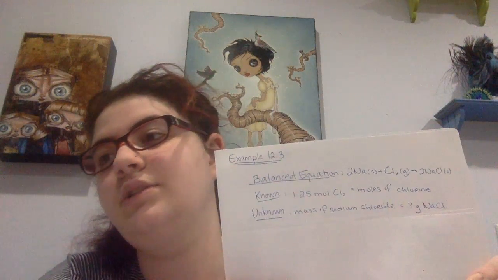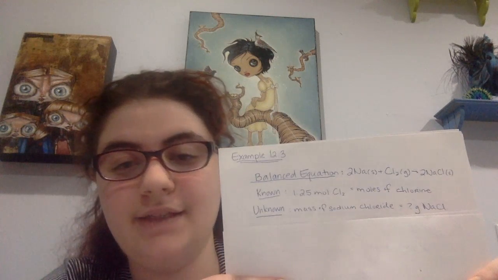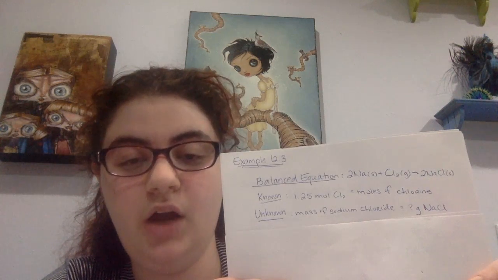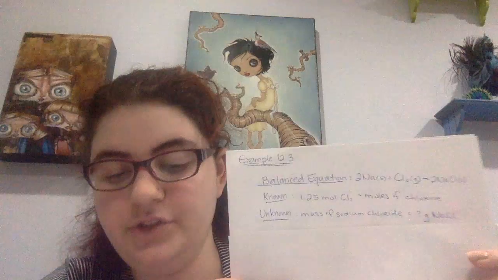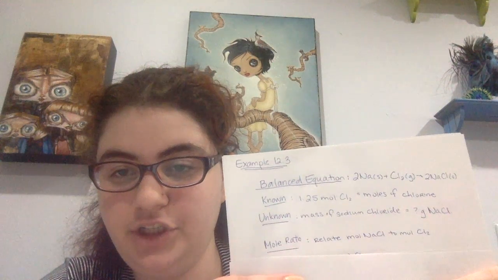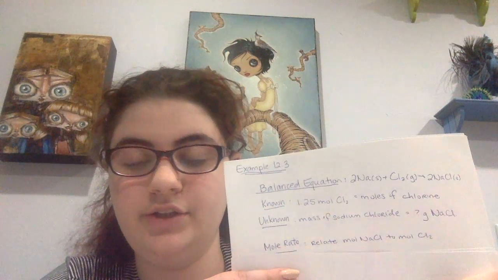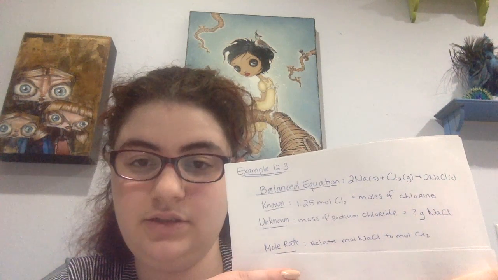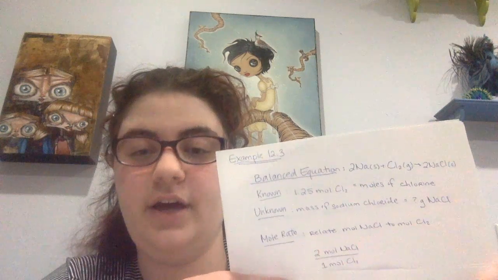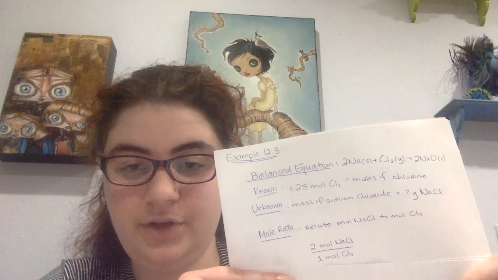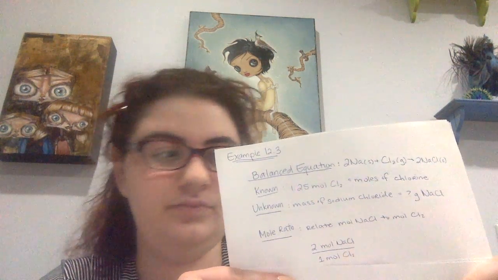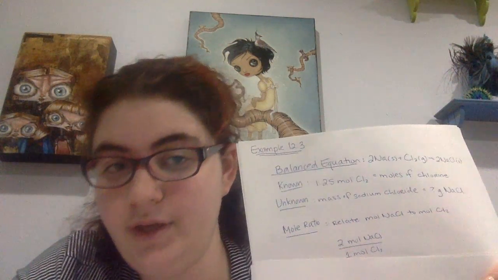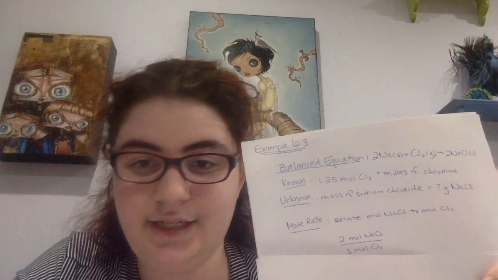So can anyone give me a guess as to what our first step would be? Not quite, no. We are going to first look at the mole ratio to relate sodium chloride to chlorine. Can anyone tell me what that is? Yes, correct. Okay, we have 2 moles of sodium chloride to 1 mole of chlorine. From here, does anyone know what our next step should be based on what we did last time?